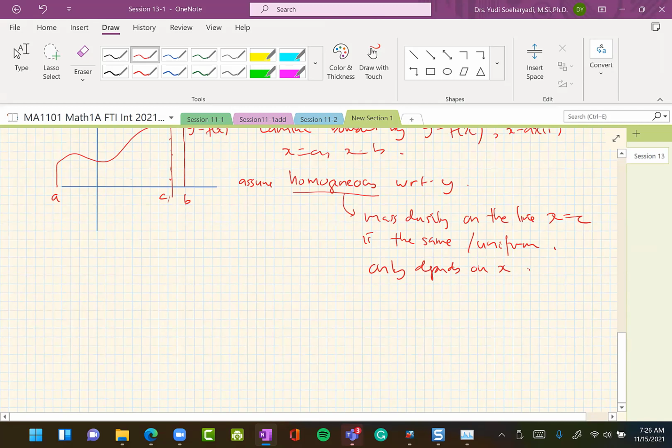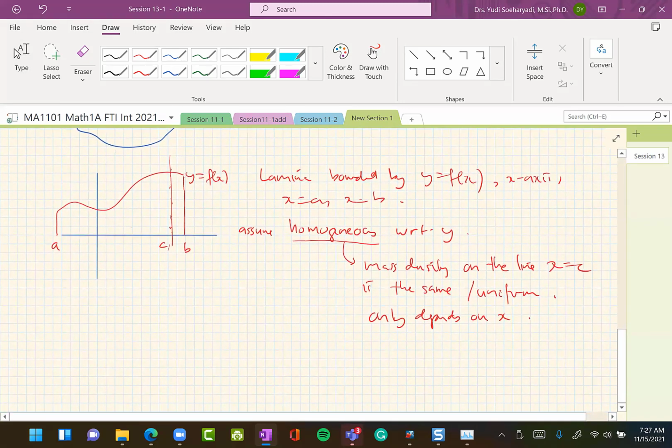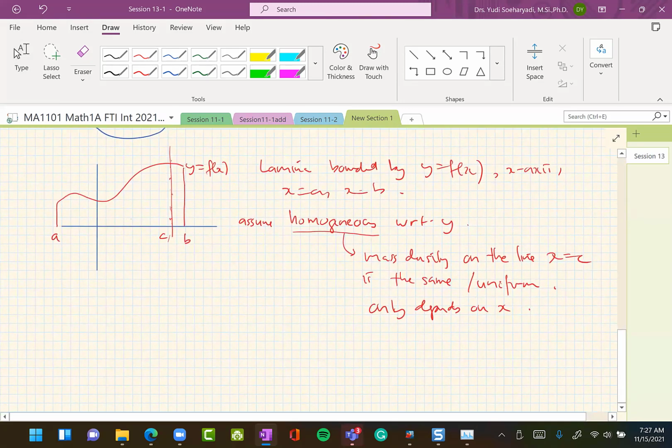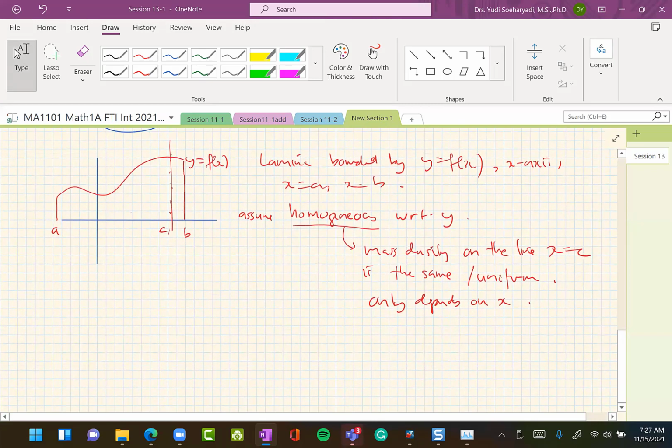So the thing is, because we just do one variable, not two. If we use dependence on y also, then we have a function of two variables, x and y. At least at this point, we don't want to do that. Next semester we'll do that.